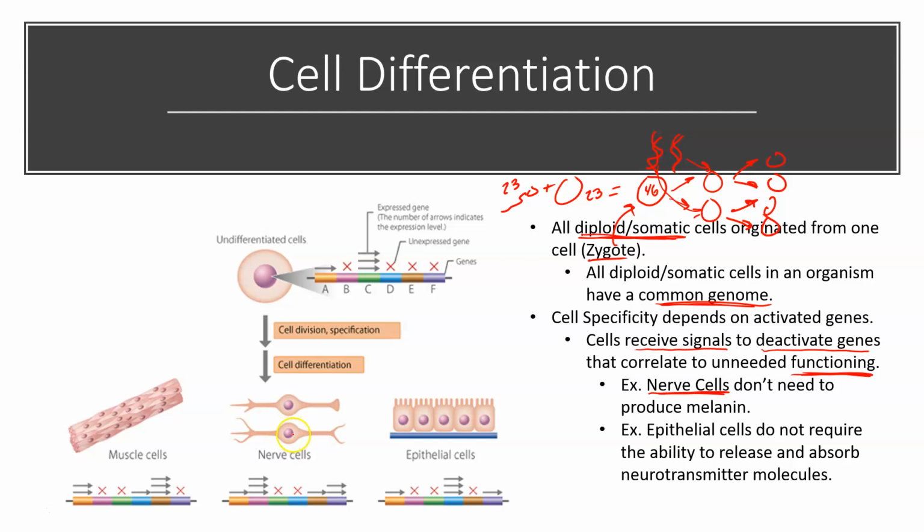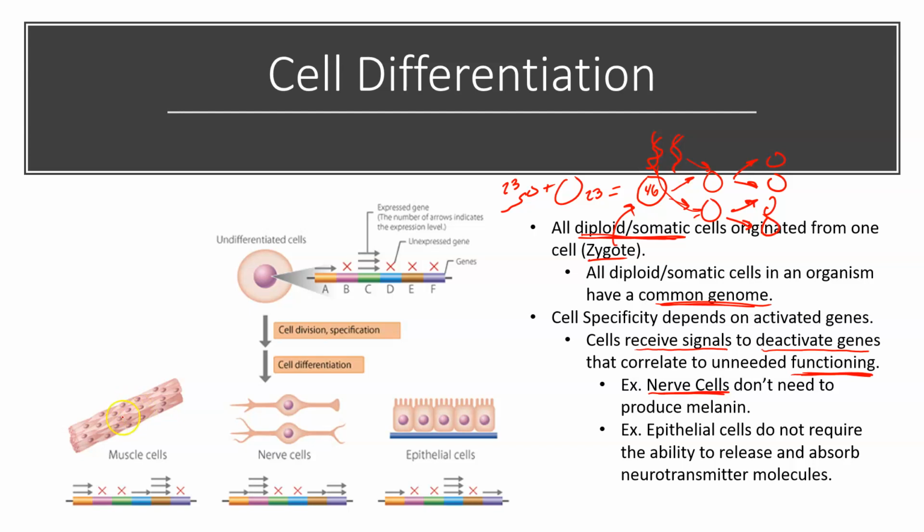Nerve cells don't have to be a boundary between inside and outside of the body, so they don't structure themselves like a boundary. They structure themselves to be very long and drawn out because their job is to send chemical and neurological signals from one part of the body to another, right? So they're all about neurotransmitter release. They're all about neurotransmitter uptake. They don't function like epithelial cells and therefore aren't structured like epithelial cells.